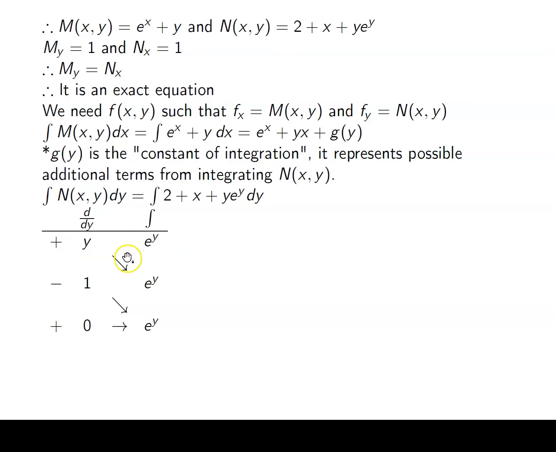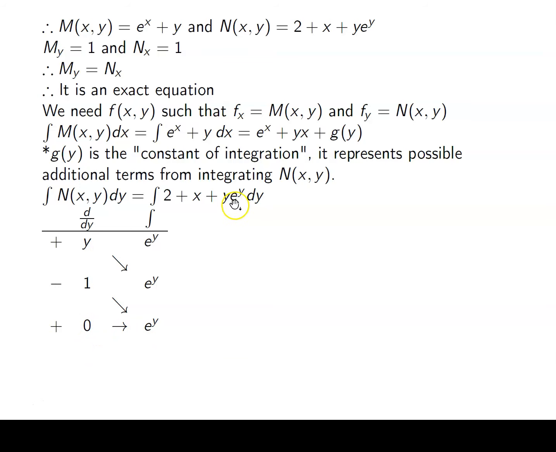And now these arrows go diagonally to indicate the term, right? So the product of these times the sign creates the term that I have. So this y e to the y will be y e to the y minus 1 times e to the y plus the integral of 0 times e to the y, which is nothing, so that's why I choose this one to become 0, right?